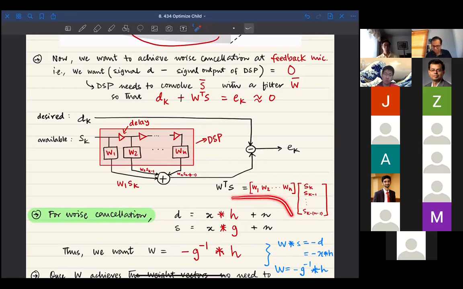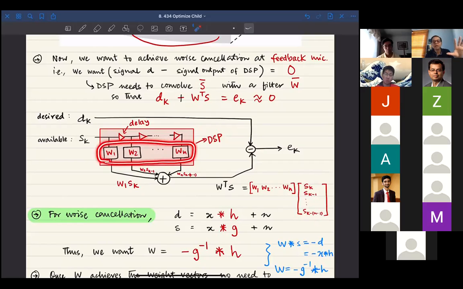And that is this dot product. W1 times Sk plus W2 times Sk minus 1 all the way till Wn times Sk minus n minus 1. Right? So this is basically the control that you have.